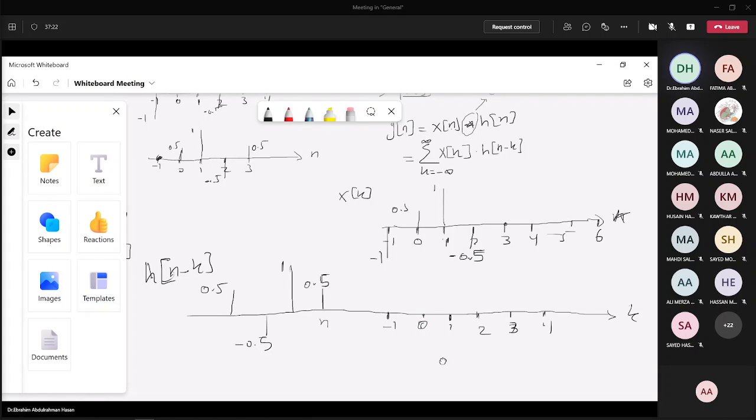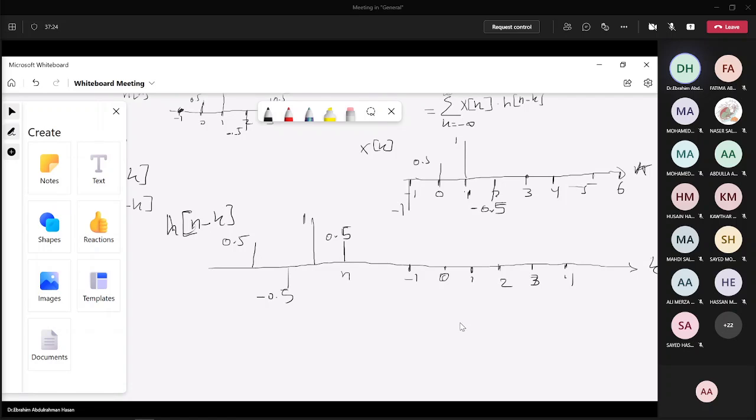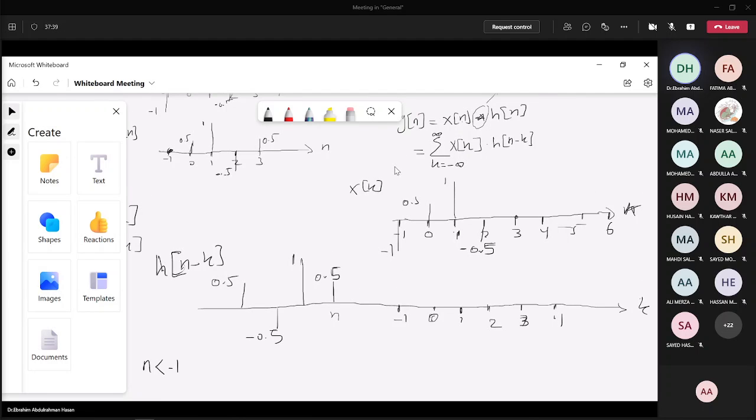Now notice, if n is less than minus 1, apply the formula. Then y of n equal to x of k multiplied by h of n minus k, multiply and sum all together.